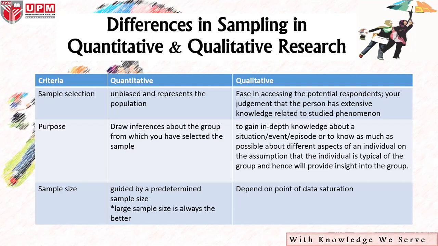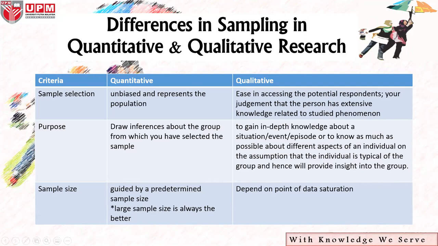Okay, but in qualitative, the main objective is to gain in-depth knowledge about a situation, event, episode, or to know as much as possible about different aspects of an individual, on the assumption that the individual is typical of the group and hence will provide insight into the group. Sebab dalam kualitatif kita nak kaji detail. That's why kita pilih orang yang kita yakin tahu, banyak tahu tentang fenomena tersebut.